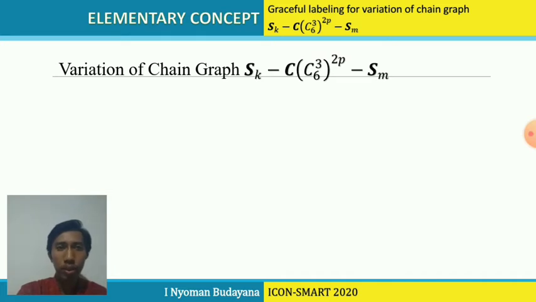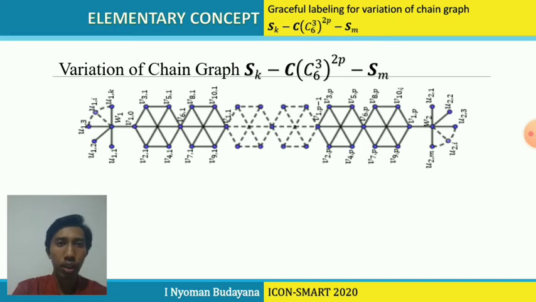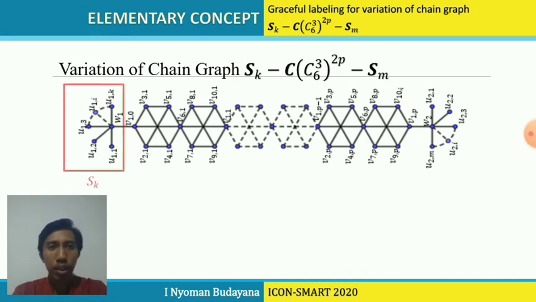And then we will discuss the variation of chain graph. In this result, the variation of chain graph S_K J C6 S_M is a graph that consists of three main parts. First, S_K, a star with K pendants.